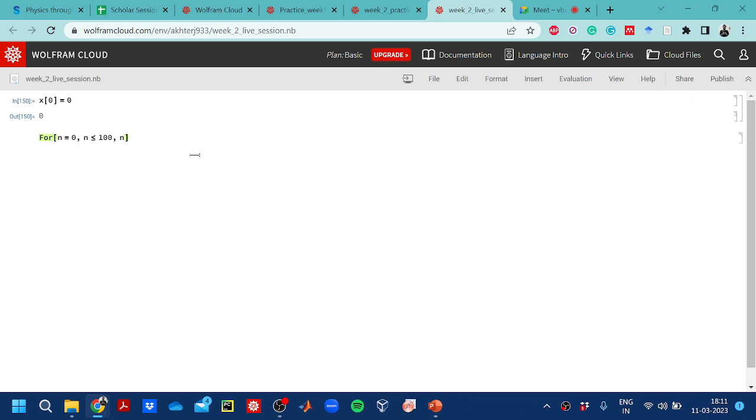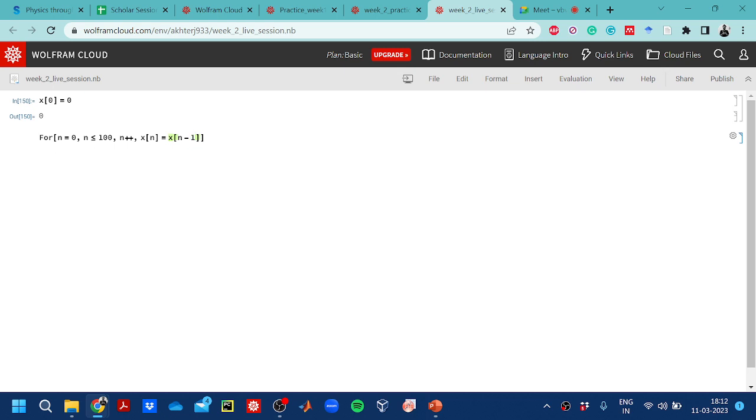In this case, n will run from 0, and we have to specify how we want to increment n. If we write n plus plus, n will first take the value 0, and after that it will increase by 1: 0, 1, 2, 3, in this way. Then we have to update our x values, so x to the power n will be x n minus 1, the previous value.